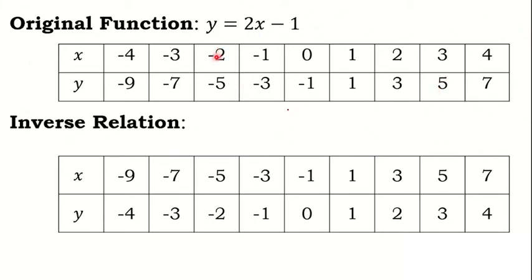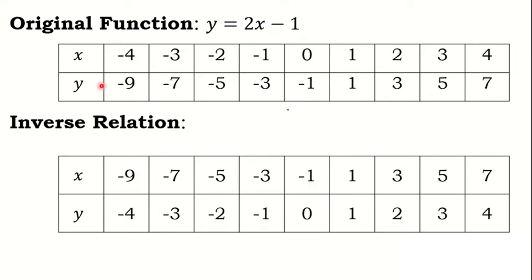When you inverse it, students, the x value becomes the y value. The domain of the original function becomes the range, and the range becomes the domain. They just swap.